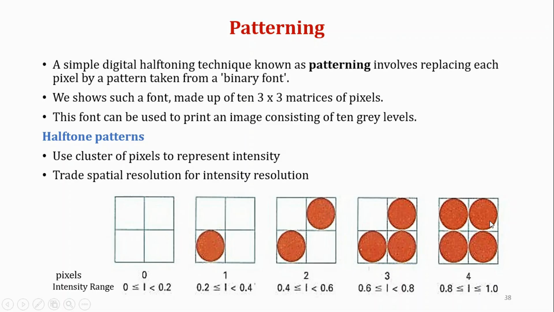So this intensity varies from 0.0 to 1.0. So pixels are used to represent the halftoning in digital. That is what is called patterning, which is replacing each pixel by a pattern from a binary font.